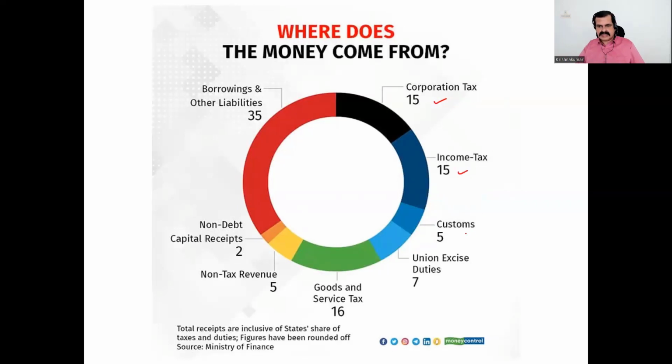Income tax, customs duty, excise duty to the central government of India, primarily through tax on petrol and diesel, GST. So these together add up to 30, 35, 42, 58%. So if you look at the receipts of the government of India, a whopping 58% is from taxes. So there's no getting away from taxes, as we can understand.